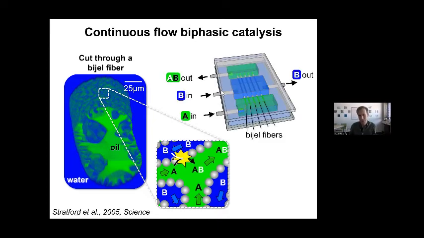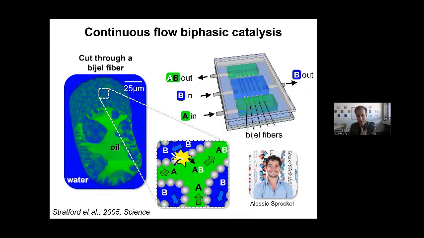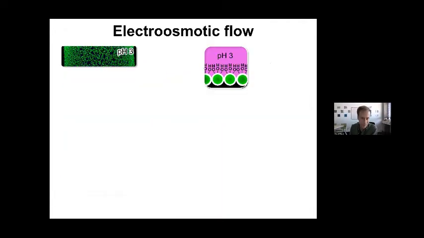So what we do, we assemble these bijel fibers in a device, and then we flow reactant A in. It travels through the fiber and comes out as a product because the other reactant has traveled around the fibers. But for this to work, we first need a way to flow the reagents through the fibers, right? And that's the project of Alessio.